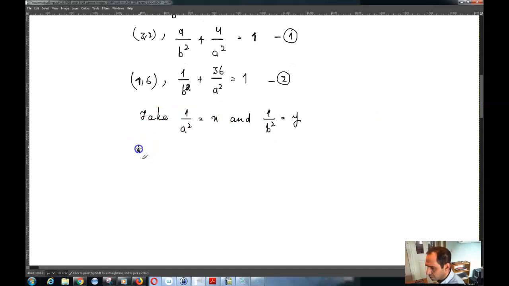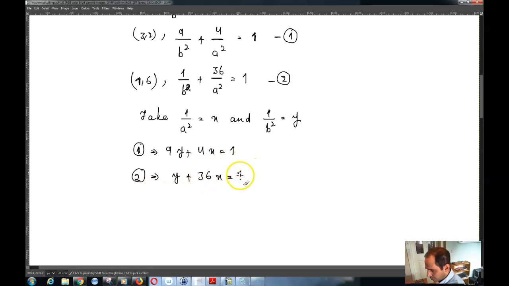Equation 1 gives you 9 times 1 by b squared, which is y, so that's 9y, plus 4 times x is equal to 1. And number 2 gives basically y plus 36 times 1 by a squared, so that's 36 times x is equal to 1.